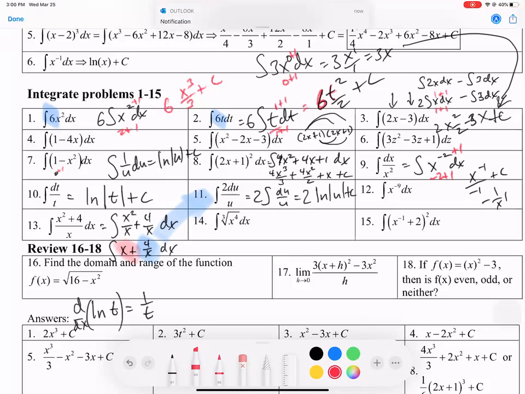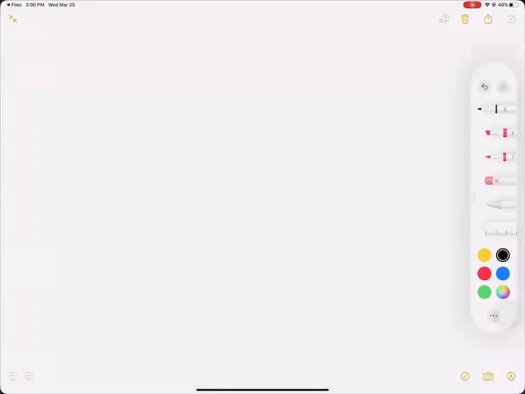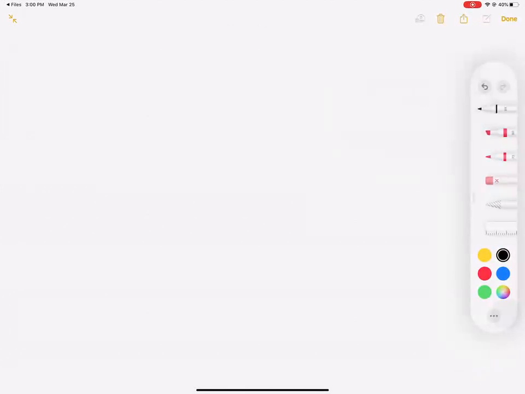Why do we not do that natural log from 10 or 9? Good question. Here is the reason why we even have to do natural log. So let me go ahead and bring down a place to write this. This will be our last thing for the day. Sorry, running kind of long. Okay. Here's the rule.